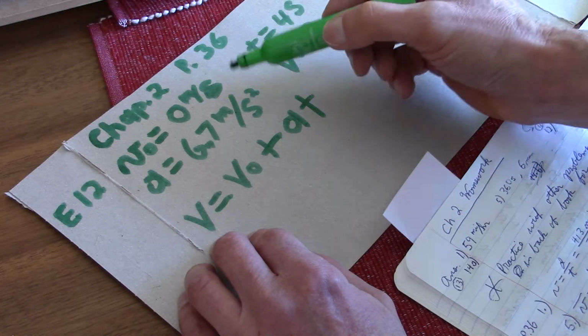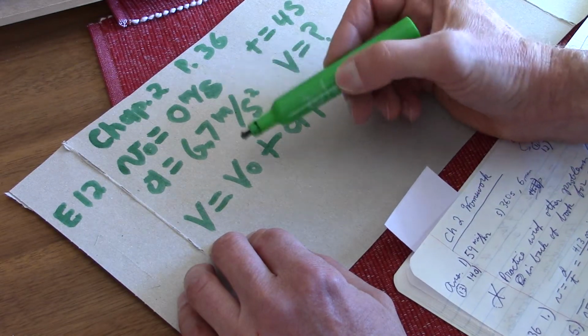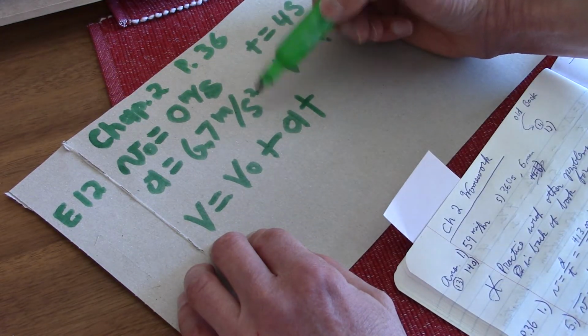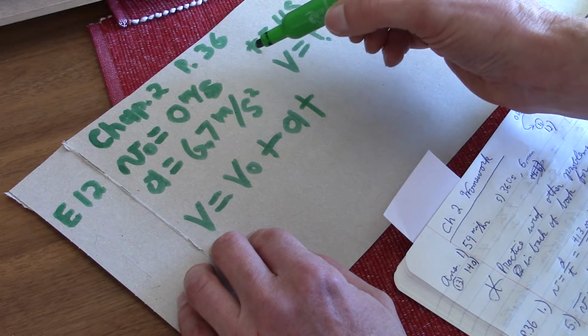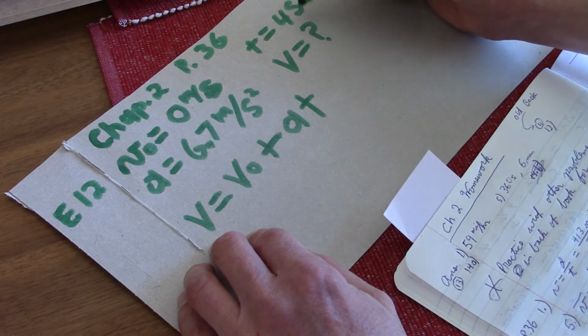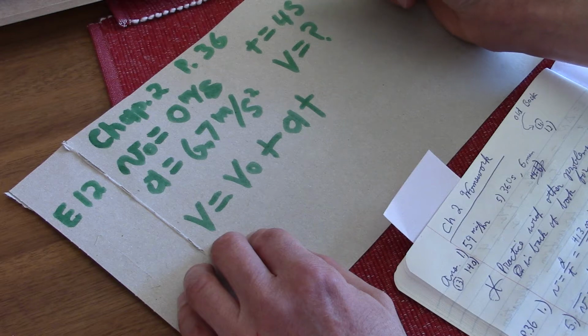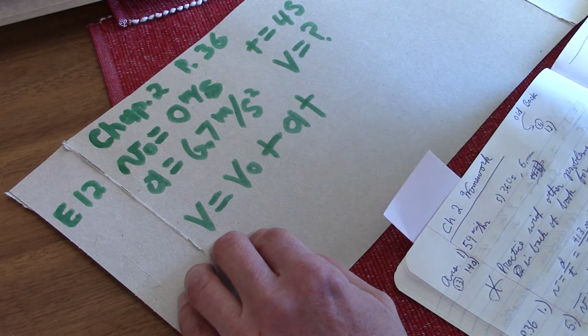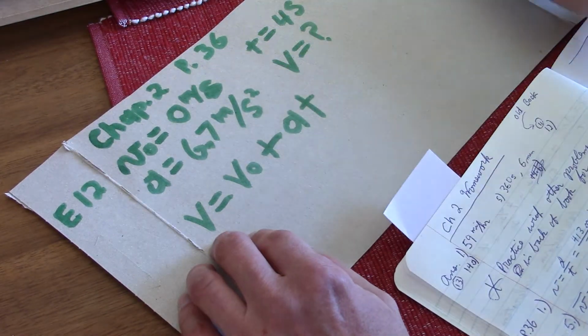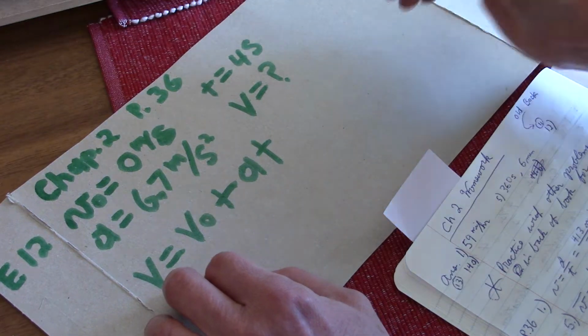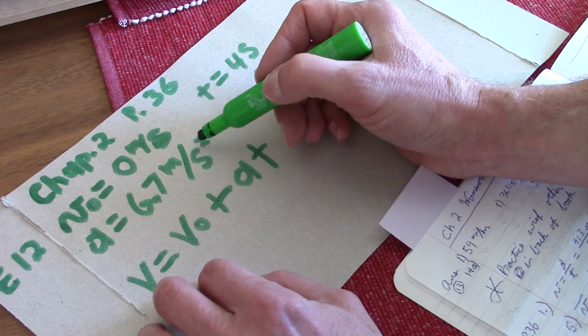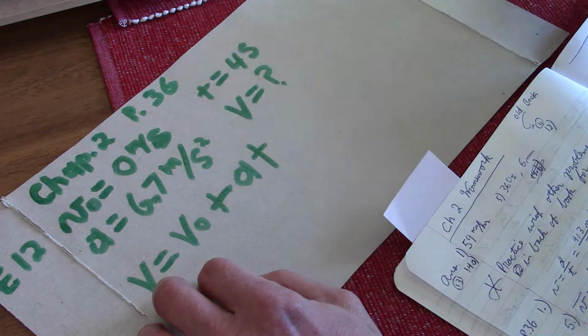It makes sense. Notice that you want velocity. Acceleration is in meters per second squared. If you multiply it by a time, this second will cancel out with one of these seconds, and then your units will work out.